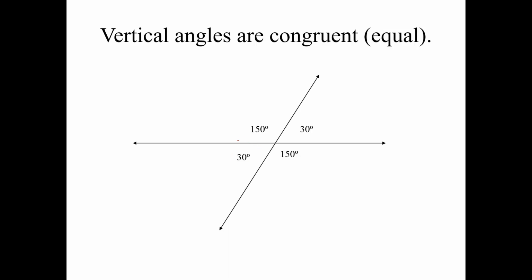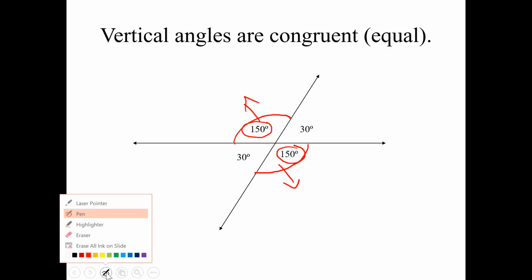As you can see, this angle here is opposite to this angle here, right? That one is going that way, that one is going that way. So these two angles are pairs of vertical angles, and as you can see, the size of the angle is going to be the same.